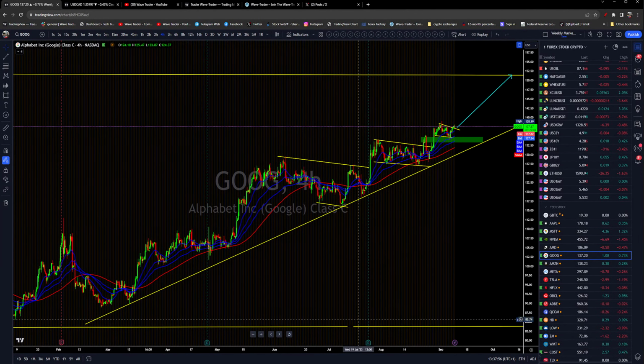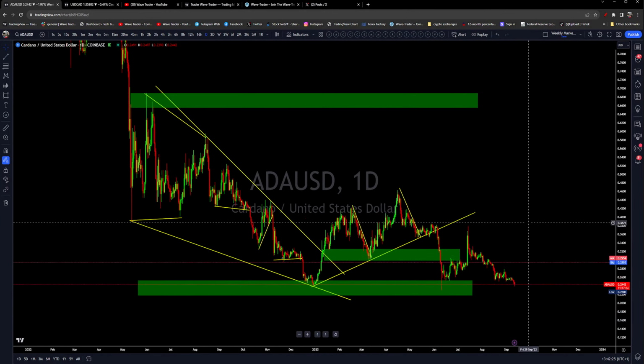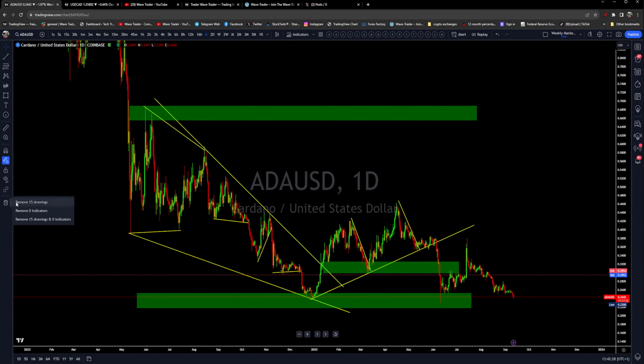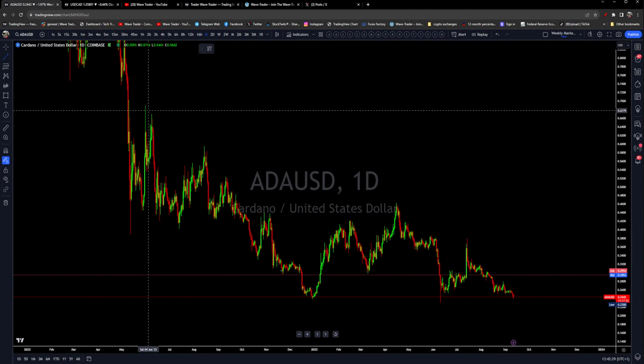We have seen that low previously. The previous low was 5 on ADA, and the wedge is simply forming over there. So if you are a longer term buyer and are interested, then you need to pay attention to these lows within that wedge. All right, I mean this wedge.